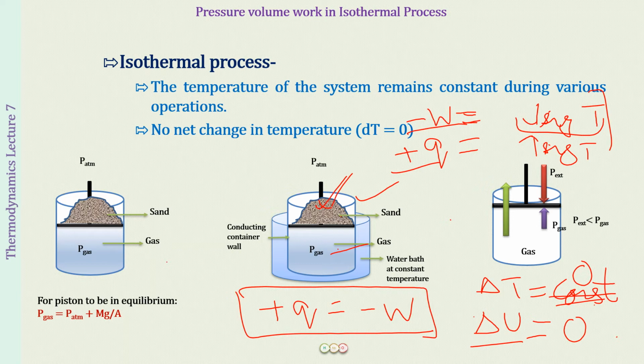There can be various other ways to make a process isothermal. I have given you one example of how we can maintain isothermal conditions, and now let us see how we are going to calculate work done in such a process. What you know from your last lecture is that work is a path dependent function, not a state function.